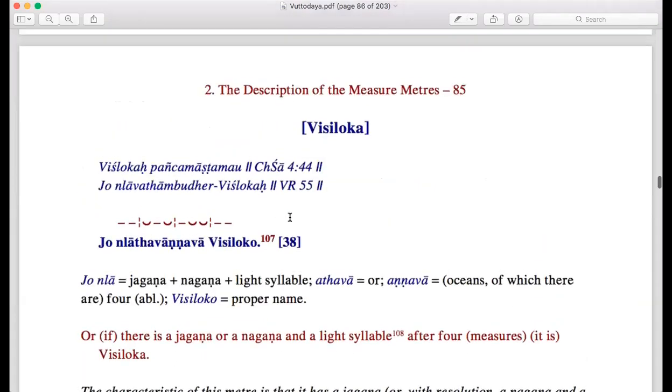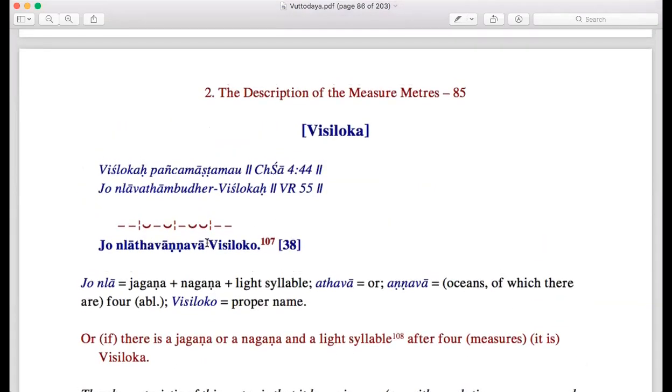So let's check the meanings of the words. Visiloko is the name of this verse, named as Visiloka. In which conditions? Jo means Jagana, right? Nla means Nagana and Lahu. N stands for Nagana, L stands for Lahu.